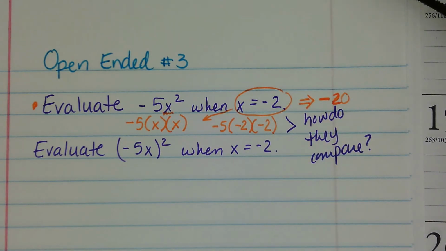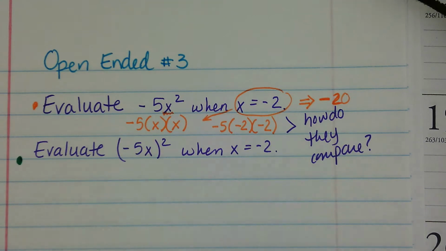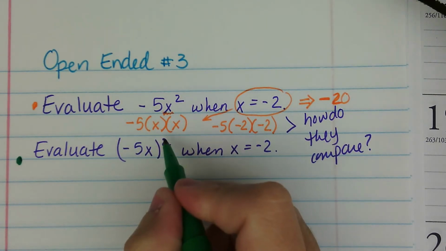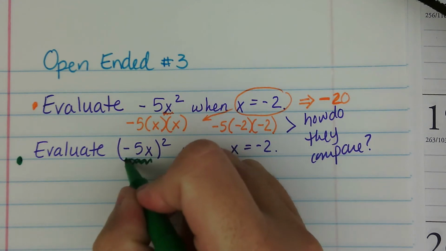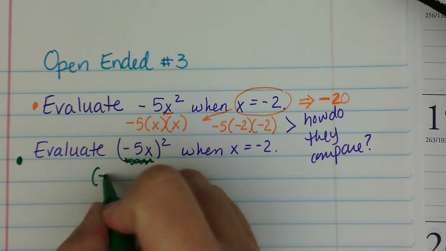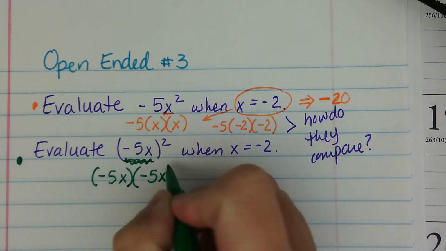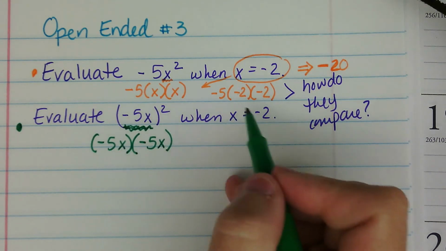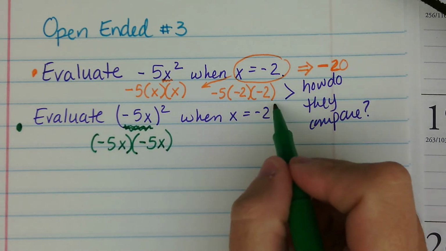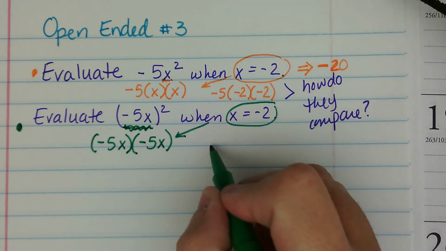Now we're going to go to the bottom one, and we're going to do that one in green. And I'm looking for what this square term means. This square term means that we're going to take all of this and repeat it. So this is negative 5x times negative 5x, in which case we're going to substitute in our negative 2, going green, into here, and it's going to look like this.